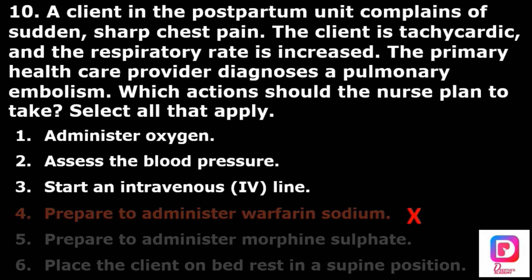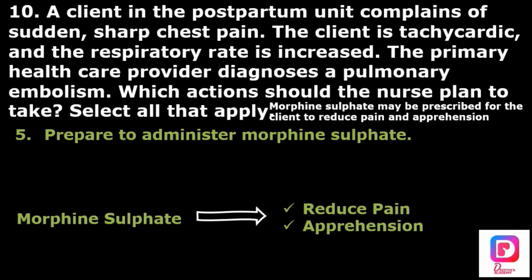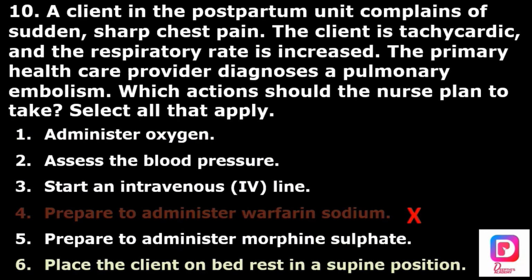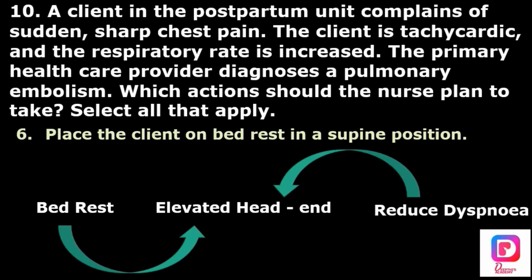Let's move on to the fifth option. Prepare to administer morphine sulfate. Morphine sulfate may be prescribed for the client to reduce pain and apprehension. So morphine sulfate can be added to the correct options. Let's move on to the last option. Place the client on bed rest in supine position. Client should be given bed rest, but not in supine position.